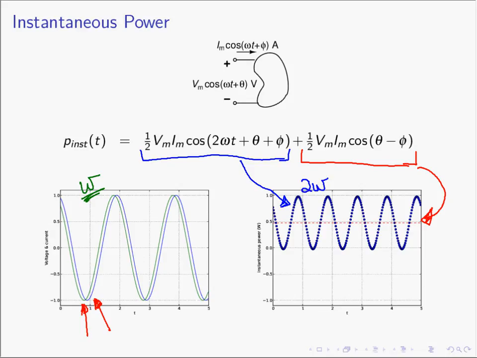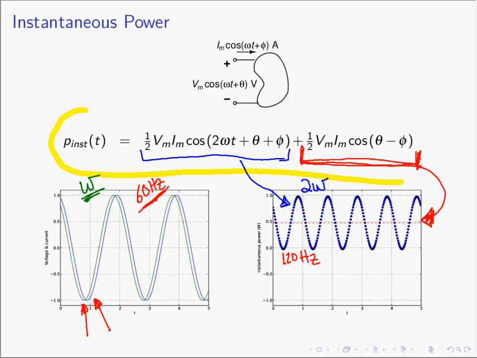To put some numbers on it, if our voltage and current waveforms are at 60 hertz, we'd see an oscillating power part operating at 120 hertz, and that oscillation is riding atop this value, which is given by 1/2 Vm Im cosine(theta minus phi). This is the relationship we need to remember for instantaneous power in the scenario of a generic current and a generic voltage in a linear circuit element.